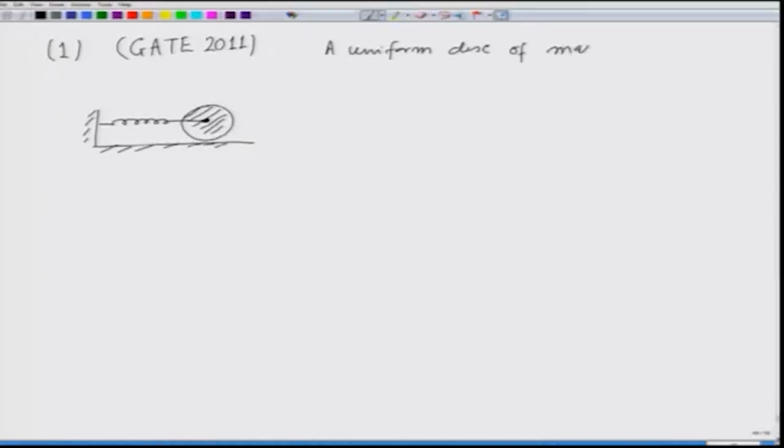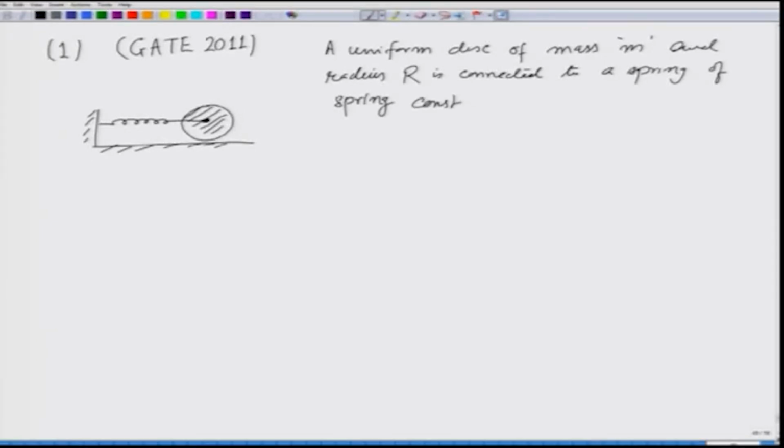Of mass m and radius r is connected to a spring of spring constant k. So, let me write it here. The spring constant is k, the mass of the disk is small m, and the radius is r.